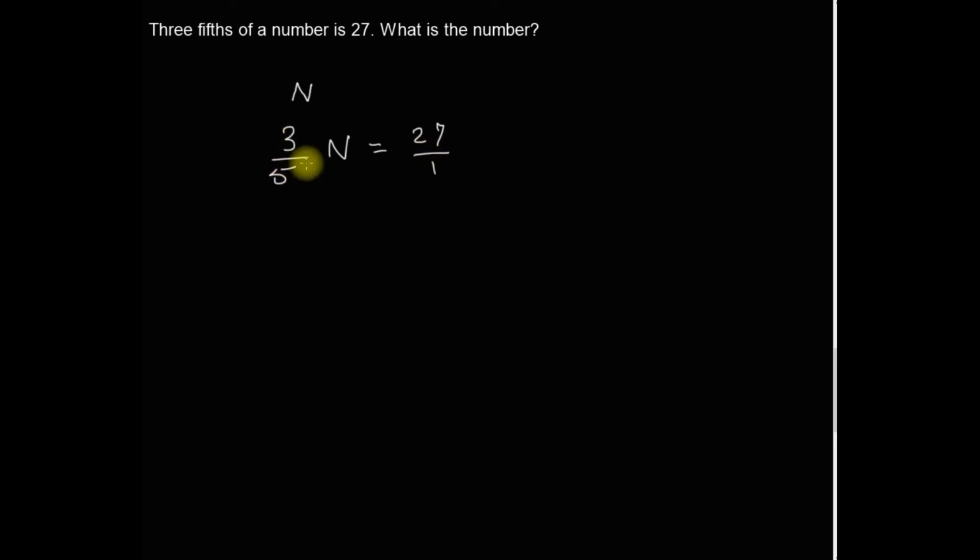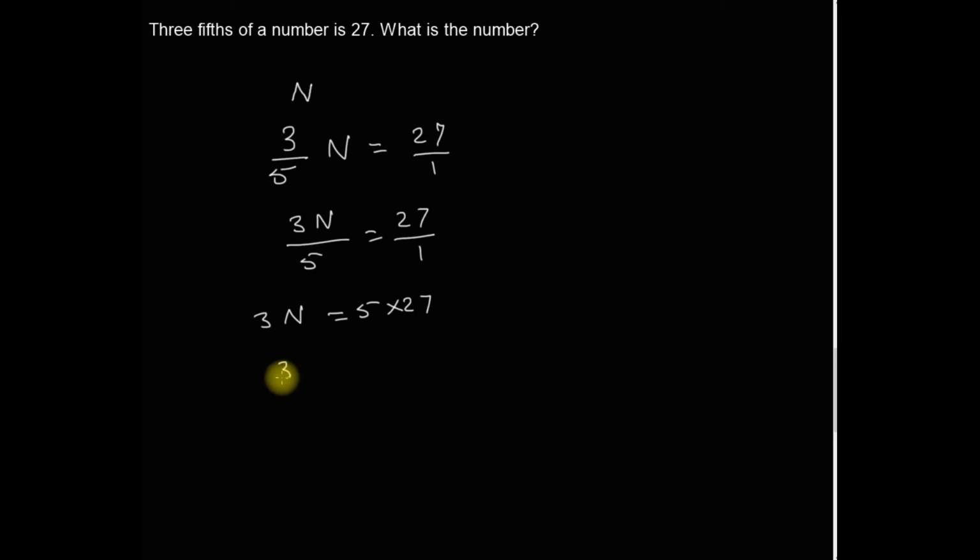And 3/5 of a number is the same as 3 times that number divided by 5, equal to 27 over 1. I cross multiply. 3n times 1 is 3n, which is equal to 5 times 27.